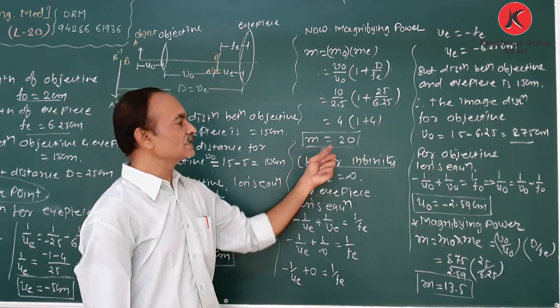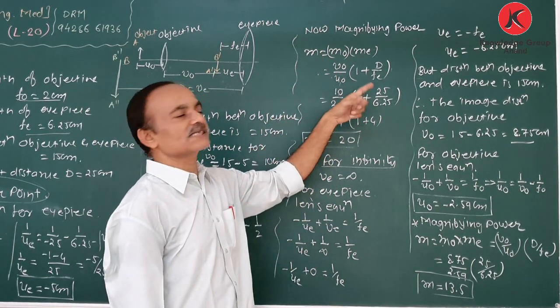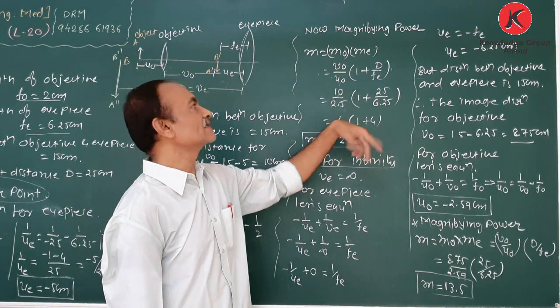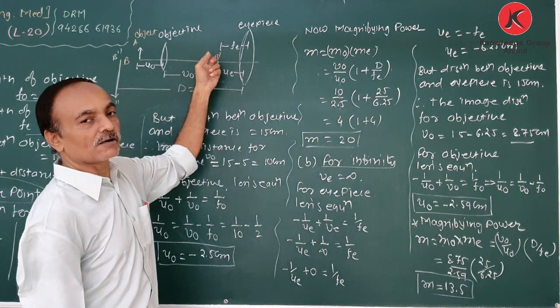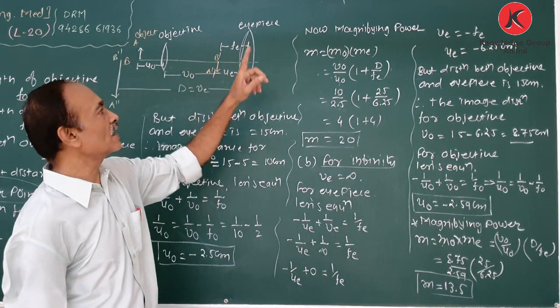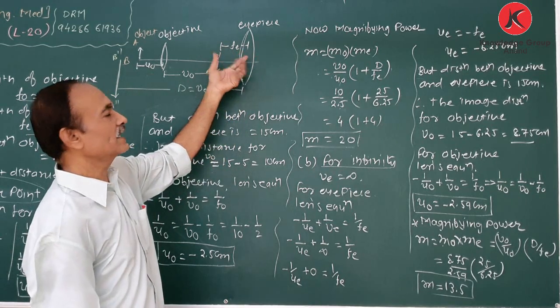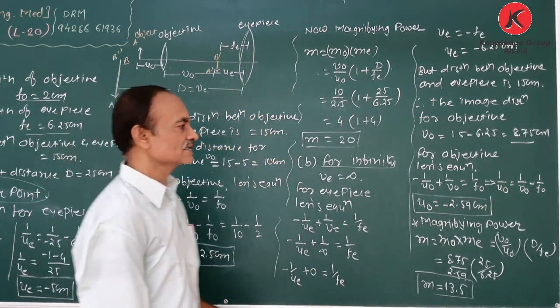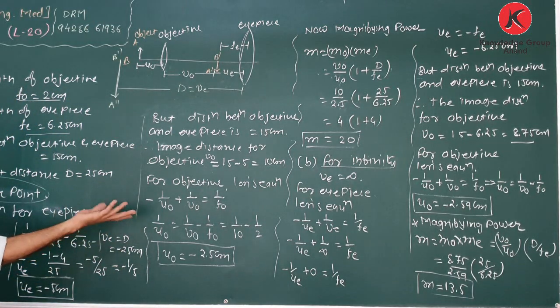While in the first case, the final image formed by the eyepiece is at near point distance. Therefore, the image formed by the objective is not on the principal focus of the eyepiece, but at a smaller distance than the focal length of the eyepiece. So it is quite a lengthy numerical, but both parts are the same, only the numerical values are changed. Clear?